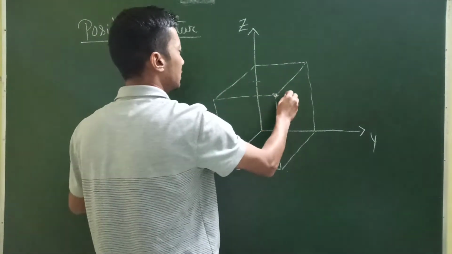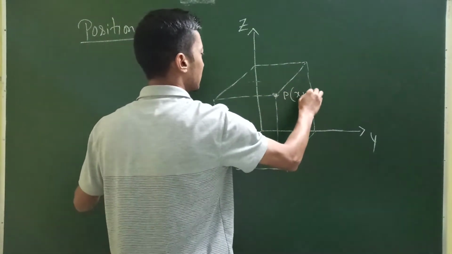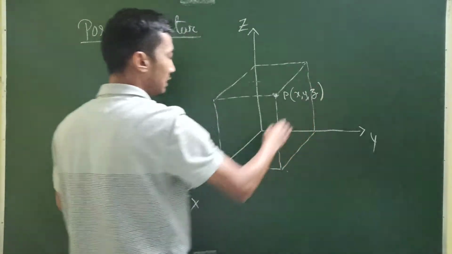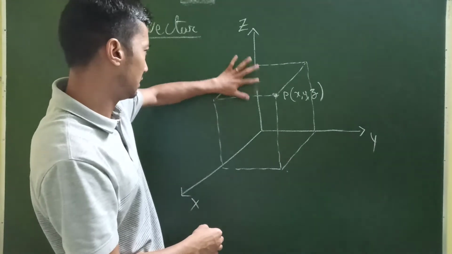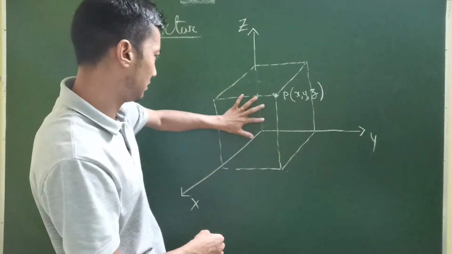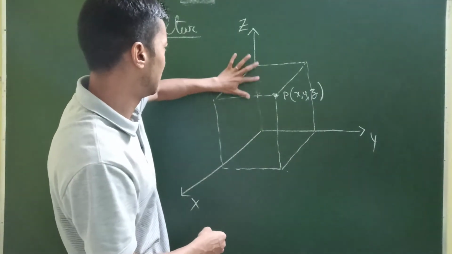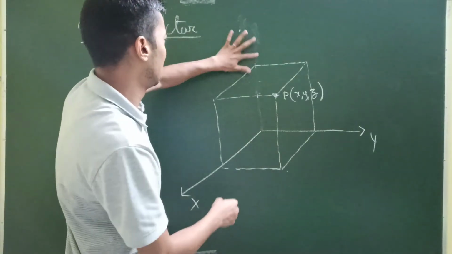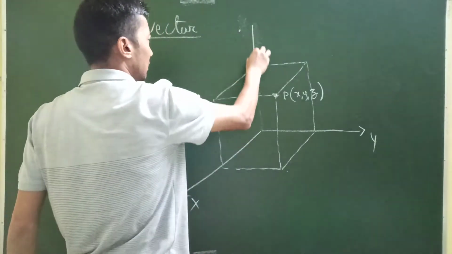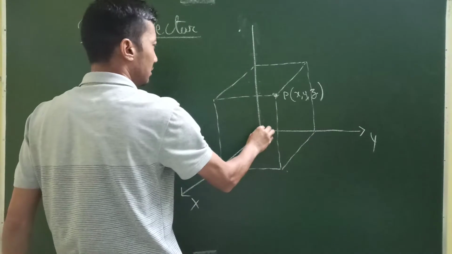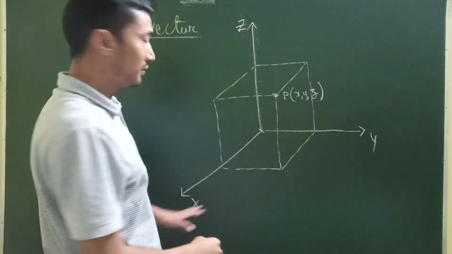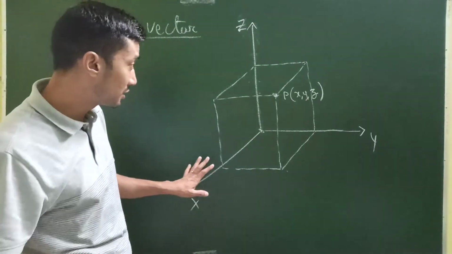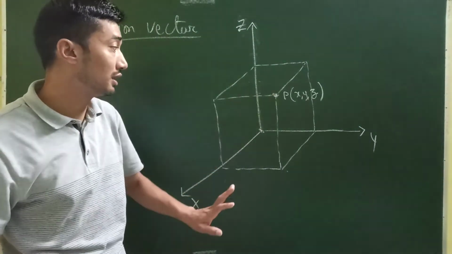Let me imagine that this is my point, and x, y and z are the coordinates of this point. I have to draw it here only, but let's try to imagine. So imagine a three-dimensional space and a point in that space.